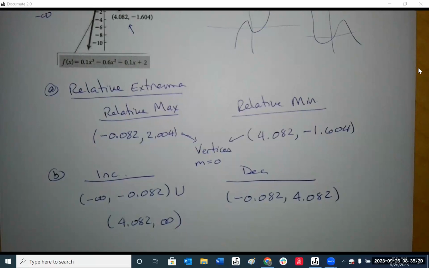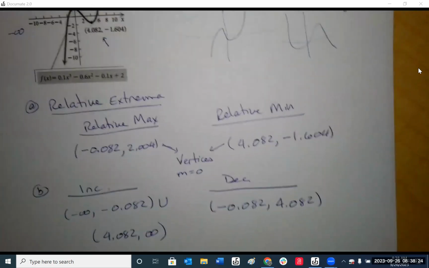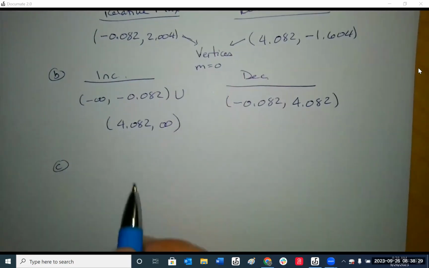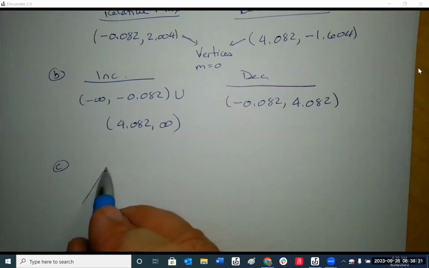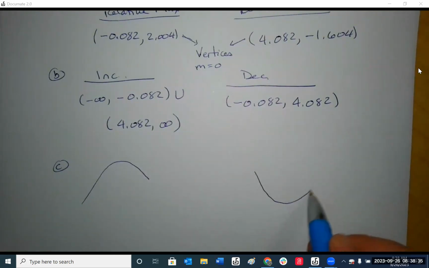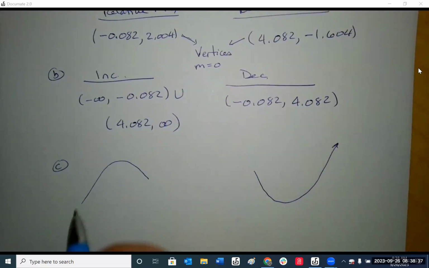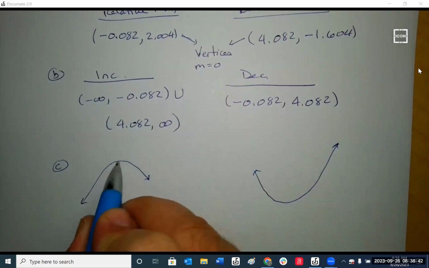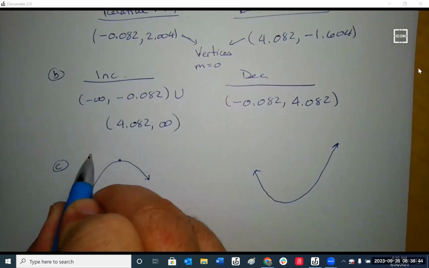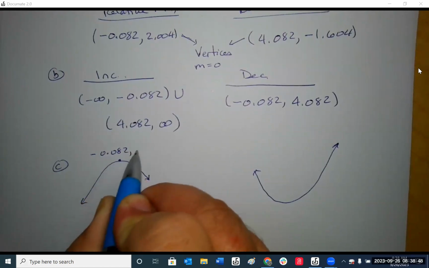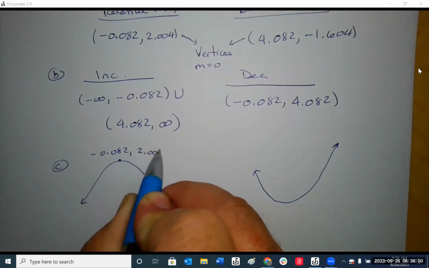The way we know we have a maximum or a minima, let's look at the graph we have here. We have these two parts of the graph. This is the point negative 0.082, comma 2.004.